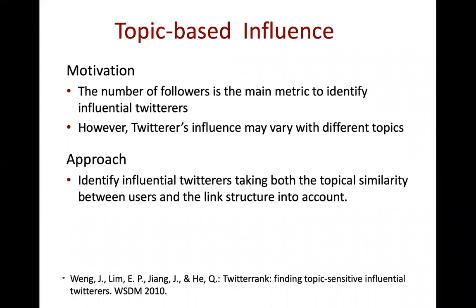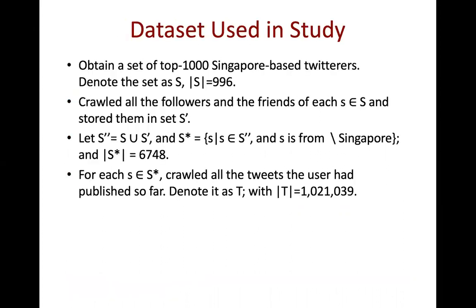The approach this paper proposes, in early 2010 at the WSDM conference, is how to identify influential features, taking both the topical similarity between users and the link structure of the social graph into account. They used a dataset of the top 1,000 Singapore-based tweeters, and they had 196 people inside.